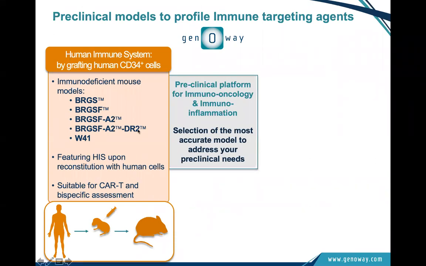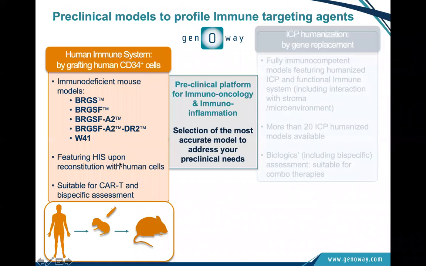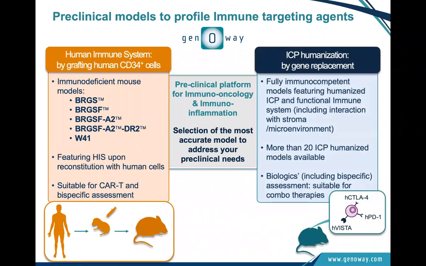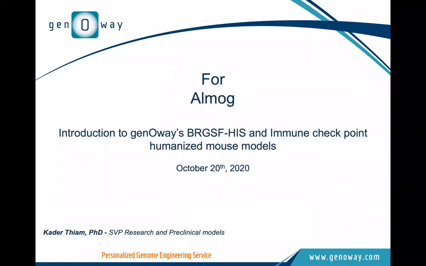You may decide to reconstitute that model with human CD34 positive cells, and you will then have a human immune system. Or you may decide to use the immune checkpoint humanized model that we have, or the T-cell engager model. And all of these models today can be provided to you by genOway. So I'm going to stop here, and if you have any questions, I'll be more than happy to address them.